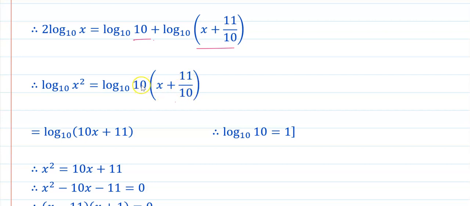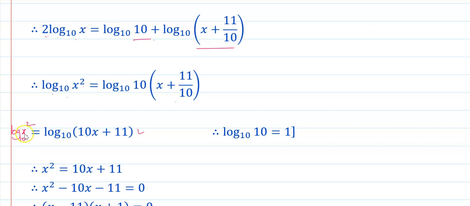Multiplying the two, you will get 10x plus 10 into 11 upon 10, the 10 gets cancelled, you will get 11 here. And again here 2 times log of x to the base 10. The 2 will come here and it will rest as x raised to 2, that is log of x raised to 2 to the base 10. I will write here log of x square to the base 10.